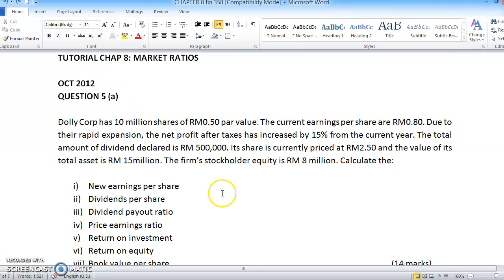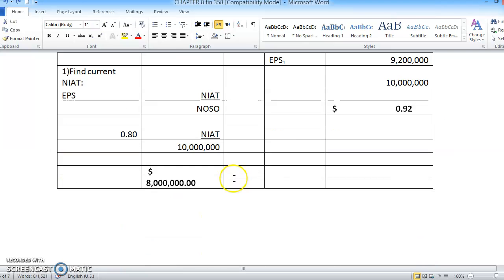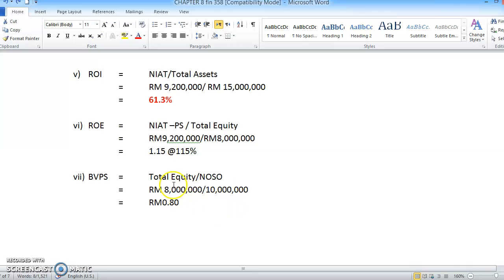So it's stated over here the firm's stockholders' equity amounts to RM8 million. Jadi kita ambil 9.2 million divided by 8 million. So you will get 1.15 or 115 percentage. Yes, agak besar for this one. So this is your answer.